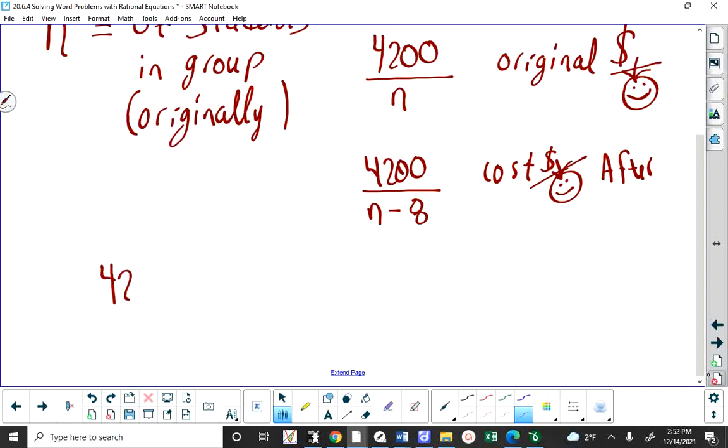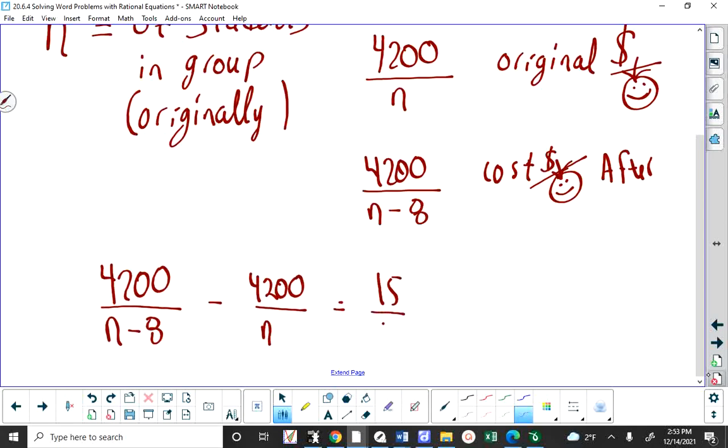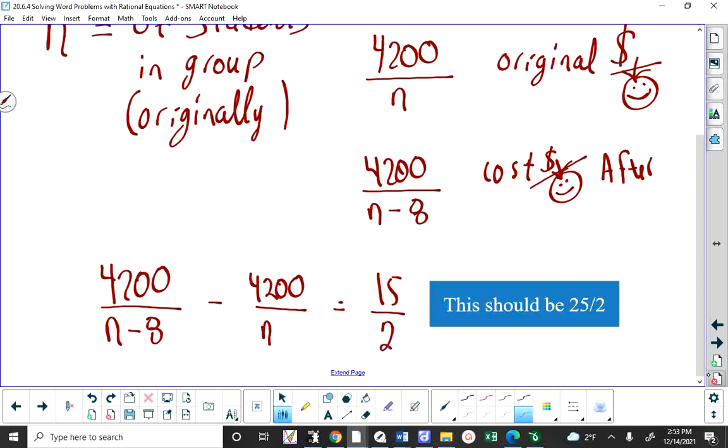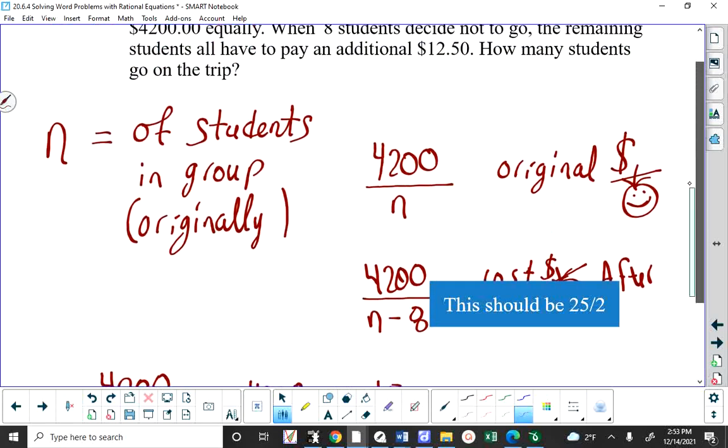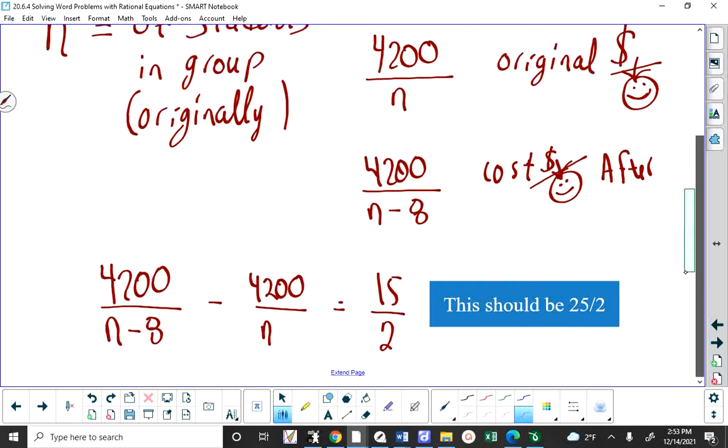So 4,200 over n minus 8 minus 4,200 over n is equal to, I'm going to take the liberty of putting 1250, was it 1250? As 15 over 2. Go ahead, Brody. Can you take the smaller one and add the difference? Yes.